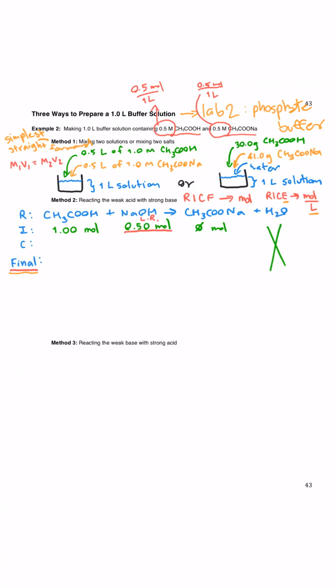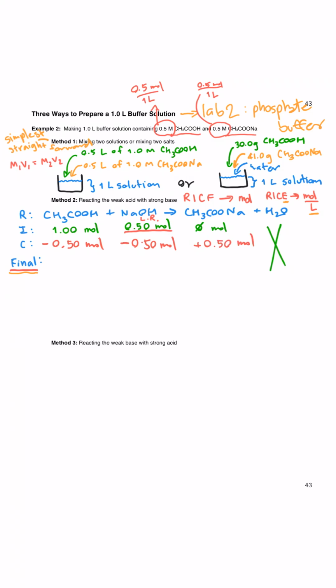So the change of this reaction would be negative 0.5 mole that comes from the sodium hydroxide amount that we have. And in order to neutralize this 0.5 mole, we will also need 0.5 mole of acetic acid. And because the reaction is a 1-to-1 ratio, the sodium acetate that is produced is going to be 0.5 mole as well.